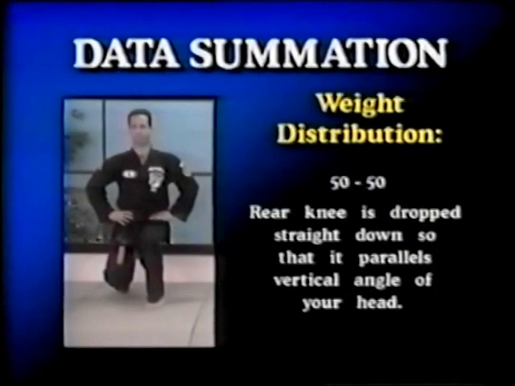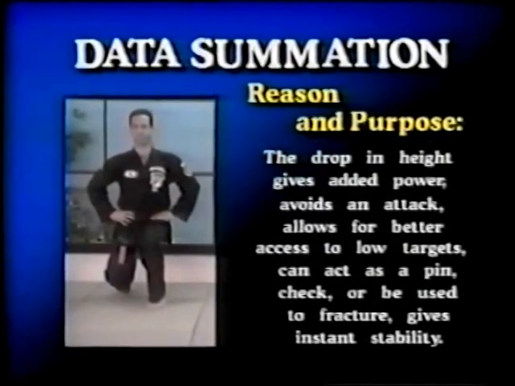Rear knee is dropped straight down so that it parallels the vertical angle of your head. Reason and purpose. The drop in height gives added power through gravitational marriage, avoids an attack, allows for better access to low targets, can act as a pin, check, or be used to fracture, and it also gives instant stability.